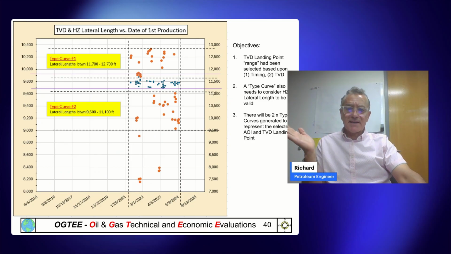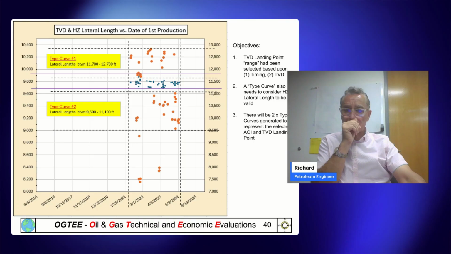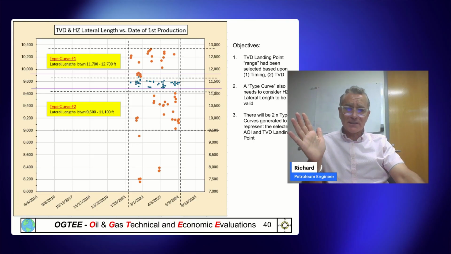So what I've looked at now is I've taken those wellbores in that TVD range. The TVD range is on the left-hand scale, and on the right-hand scale I put the horizontal lengths of the wellbores. Now, there's more than one way to do a type curve.